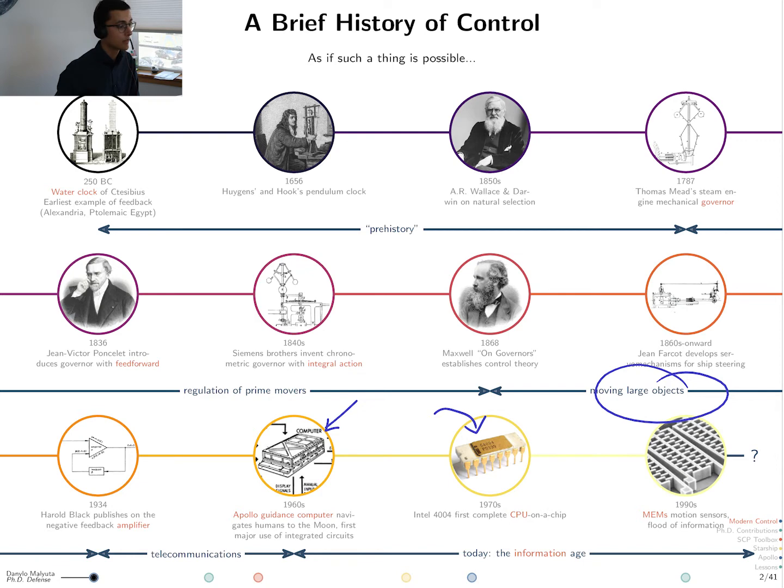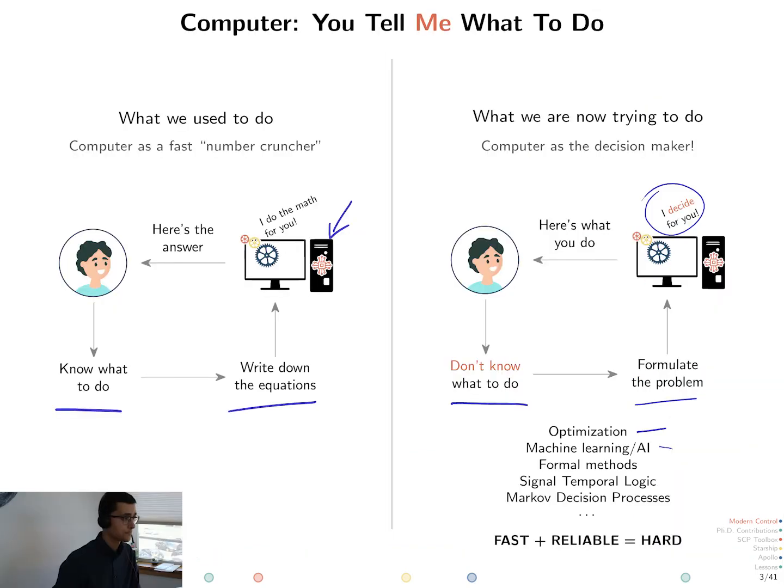And now we have an abundance of compute power, an abundance of information. And I would say the topic of control engineering today, in large part, is all about processing information and figuring out how do we make decisions in the presence of an abundance of information. So it's all about information manipulation at this point.